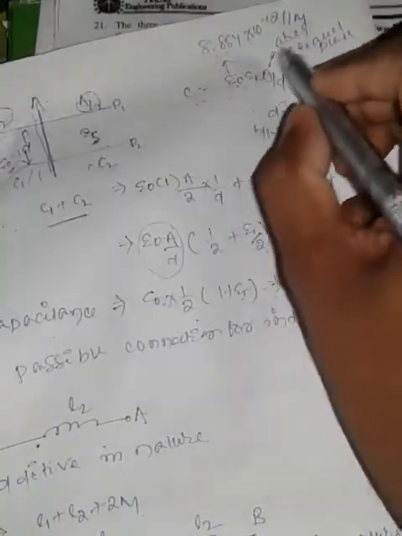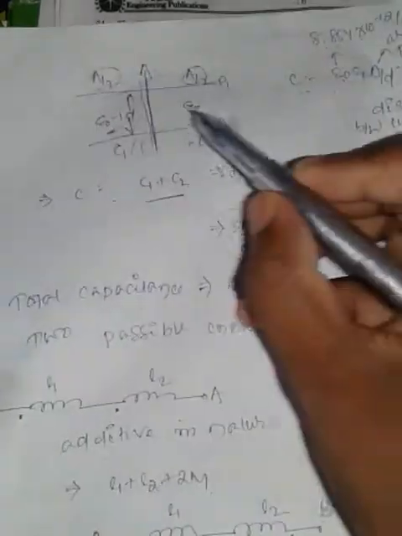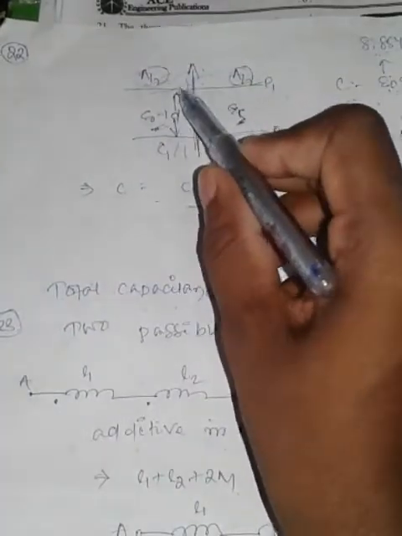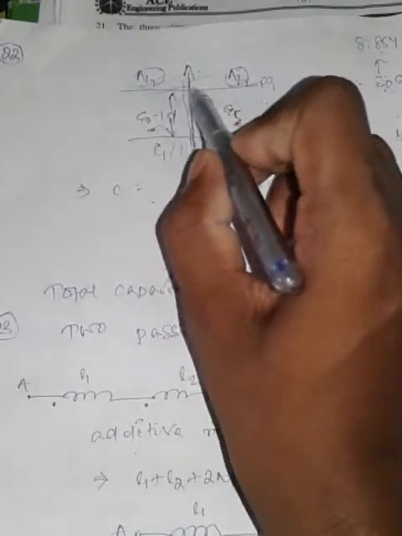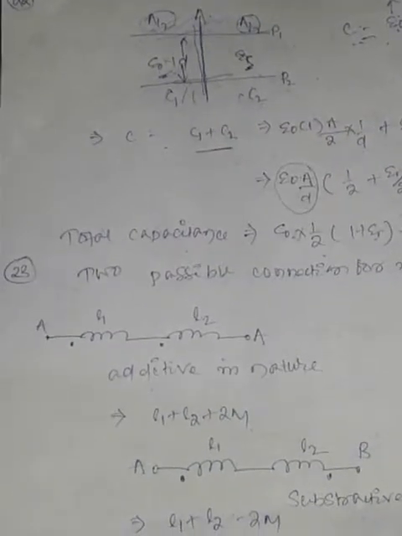A represents the plate area and D represents the distance between the two plates. This is a normal formula for calculation.